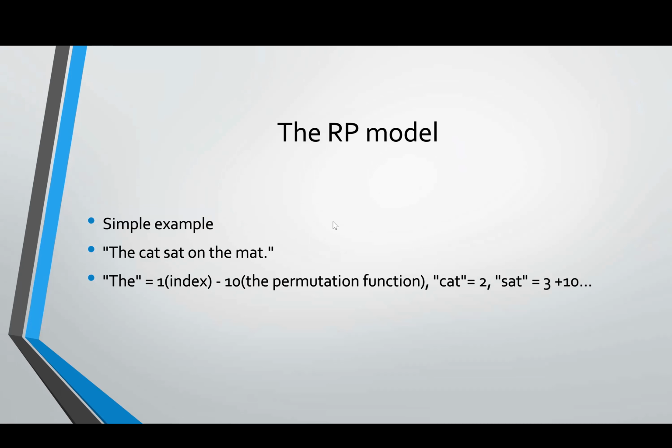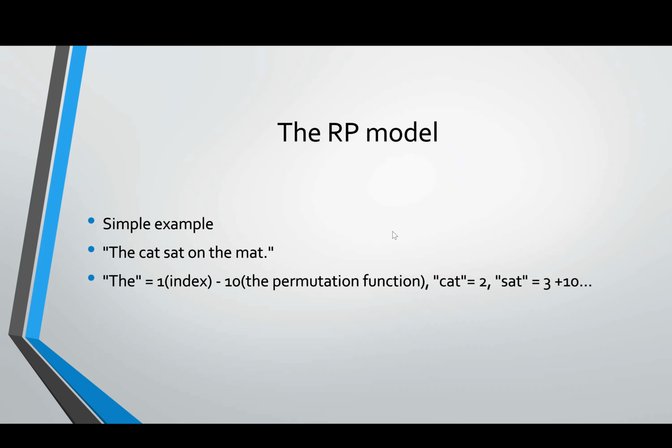Now we use a permutation to encode the position of these words relative to cat. Let's say our permutation function, pi, as we saw from the last function, just adds 10 to the number, and its inverse subtracts 10. Then the encoding for the cat will look something like this, where 1 is the index, and then we take the inverse function because it's the previous word of cat, and that's why we subtract it by 10, which we get 9 from.